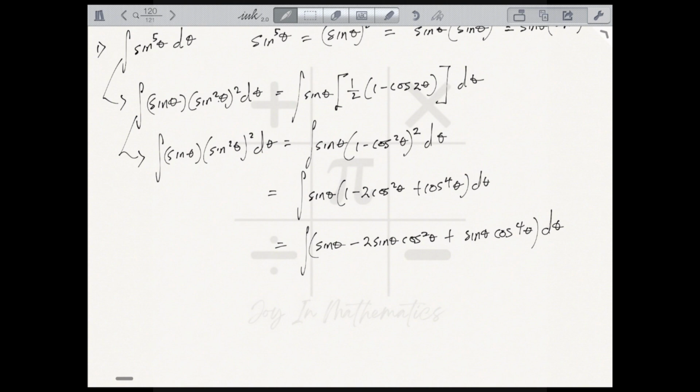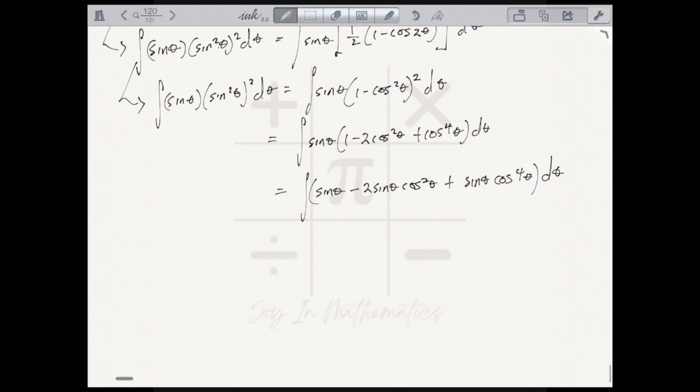Now, how do we go about solving this? Remember that when we were solving integration with algebraic substitution, we can integrate this by making a substitution of u equals cos theta, and likewise here making the substitution of u equals cos theta. Now let's spread it out.